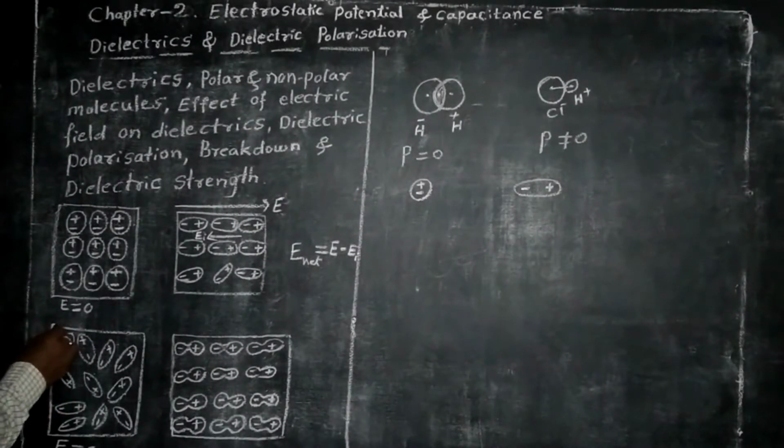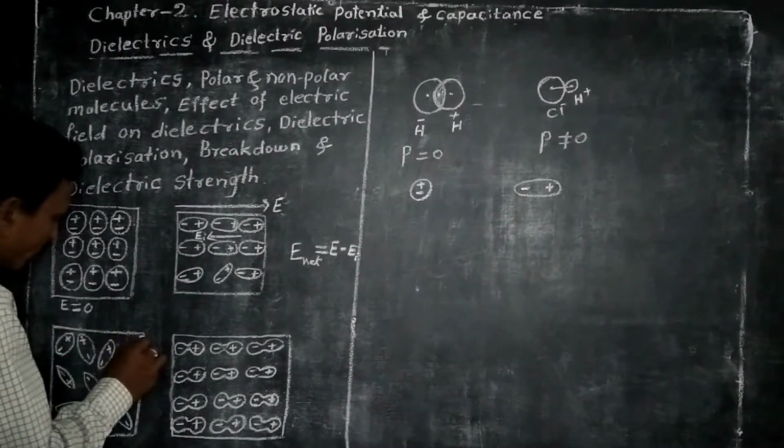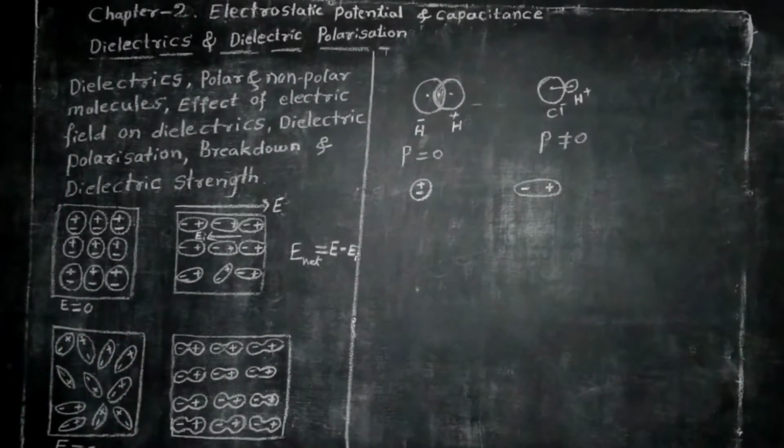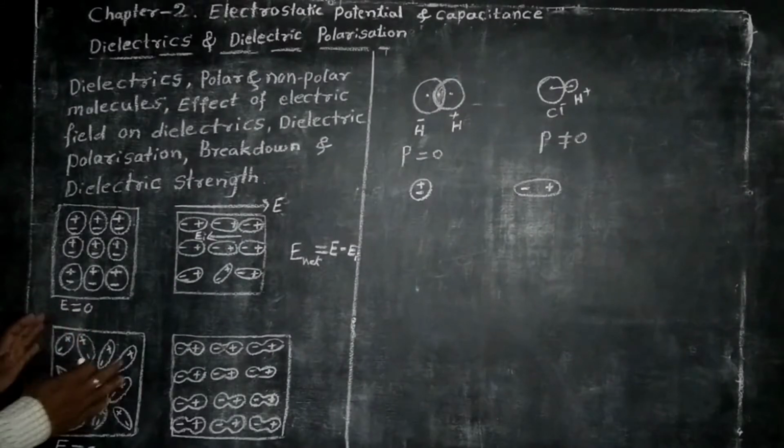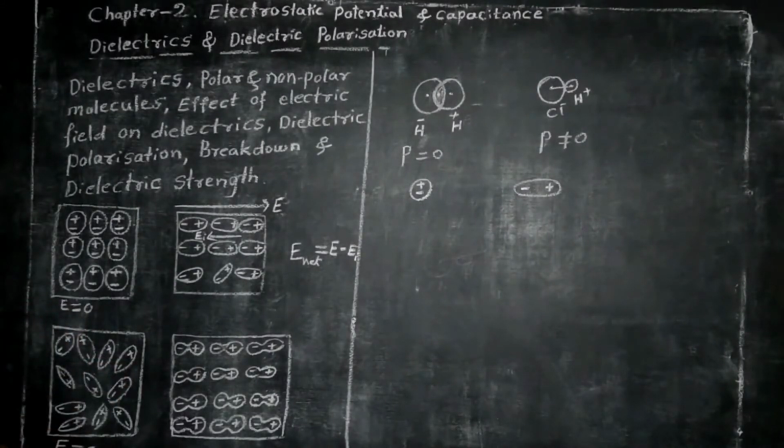The net dipole moment of polar dielectrics is equal to 0 due to their random orientation. In the absence of an external electric field, the polar molecules are randomly oriented in the slab.